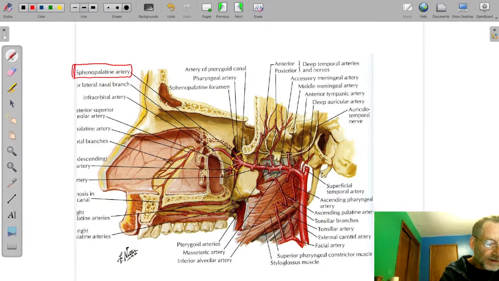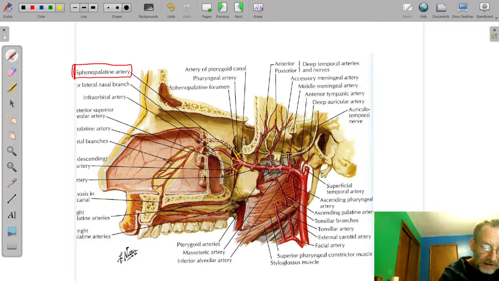You come off of your screen over here on the left. But it takes off, goes through the Sphenopalatine foramen, and it's hard to see going in there.